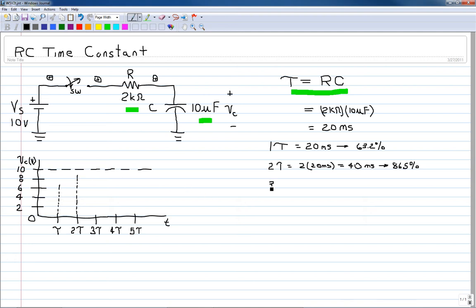Now in 3 tau, 3 time constants, which in this example is equal to 3 times 20 milliseconds, which is equal to 60 milliseconds, the capacitor will charge to 95% of the total applied voltage of Vs, which is 10 volts.